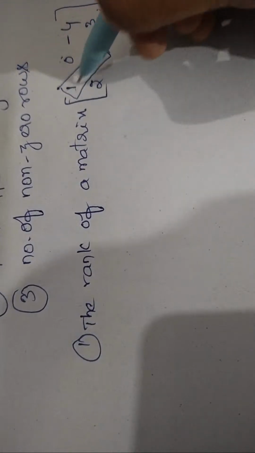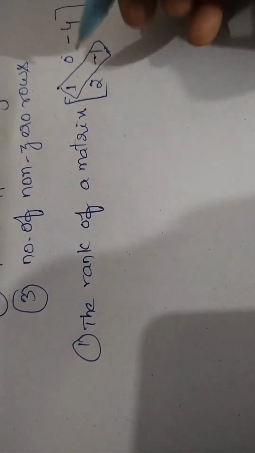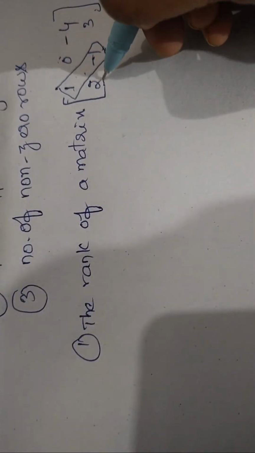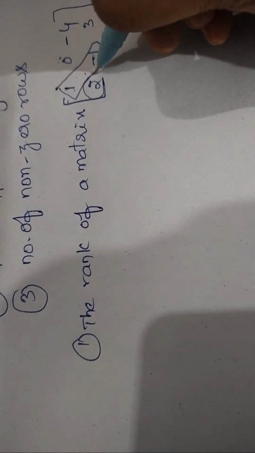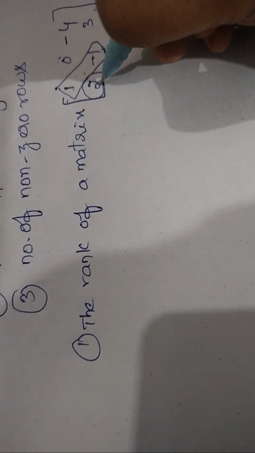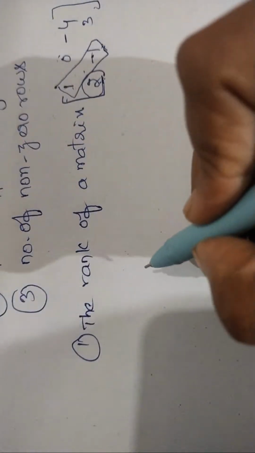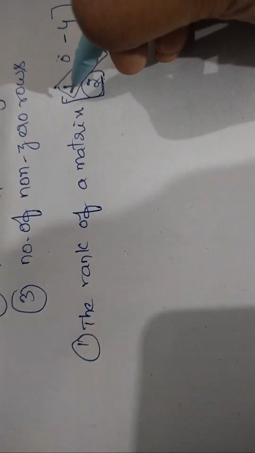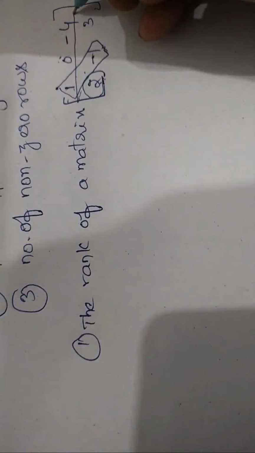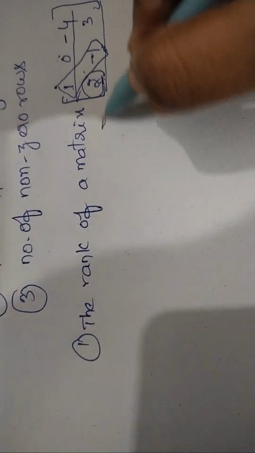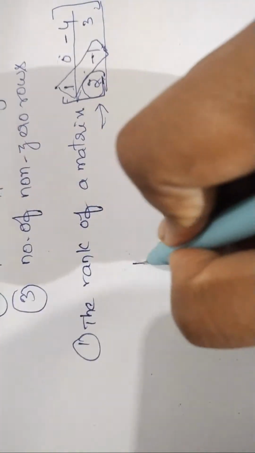Below the diagonal element we have 2. First we need to make this 2 as 0 using a row operation. Here we have two rows: this is row 1 and this is row 2. I will select row 2.